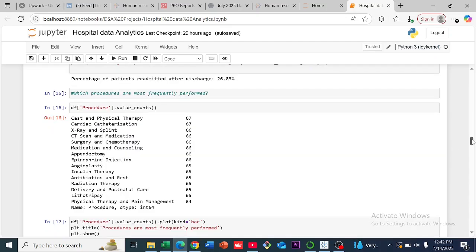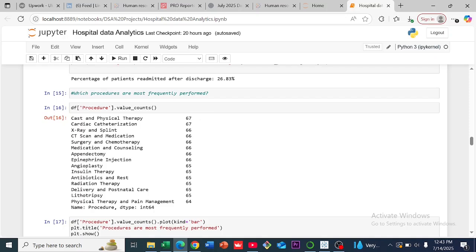Next question on my list is, which procedures are most frequently performed? So now I want to get the procedure which is most frequently performed in this hospital environment, or in this data set. Remember that we have different procedures that have been performed in a healthcare facility. So among these patients, which one was performed more, or which one occurred more?